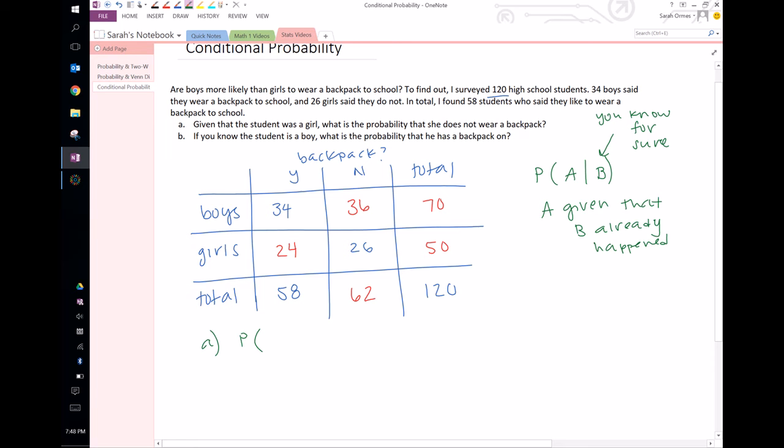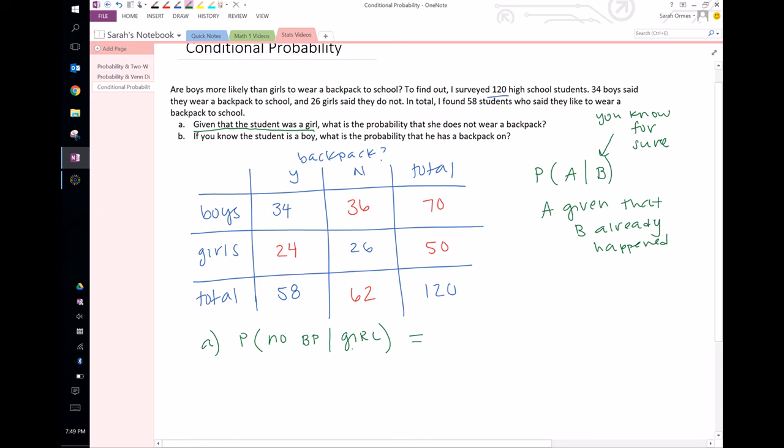So when we look back at our problem, what is the part we know for sure? It's this. The person was a girl. So that's going to go after. So probability of no backpack, given that it's a girl. So the easiest way, I think, to look at these is that the part I know for sure limits my population.